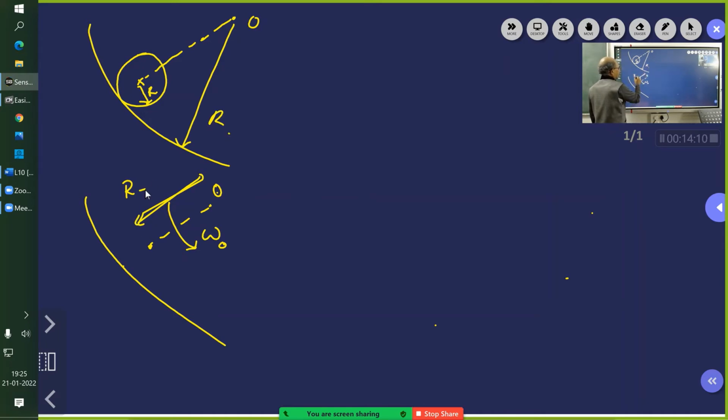Therefore, this distance will be R minus r. So omega naught will simply be equal to the translation velocity of this divided by R minus r.